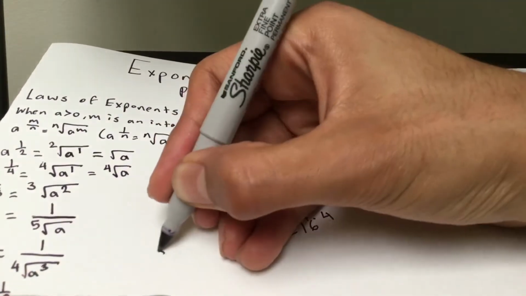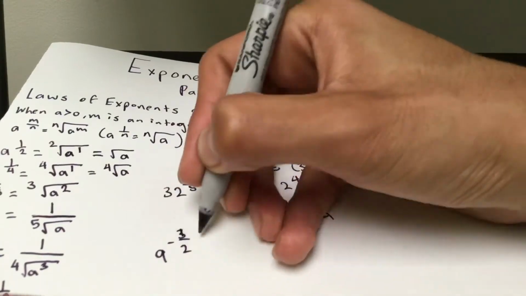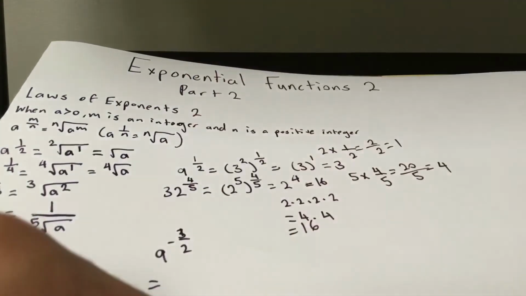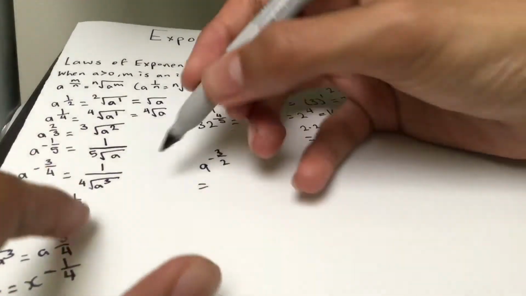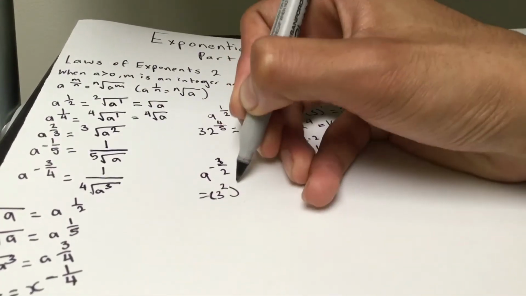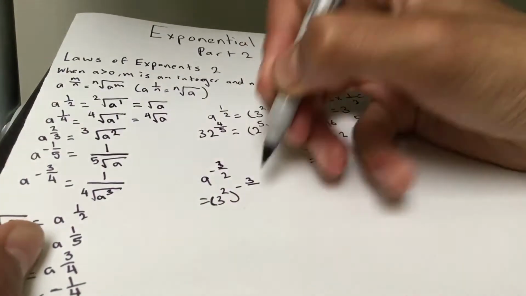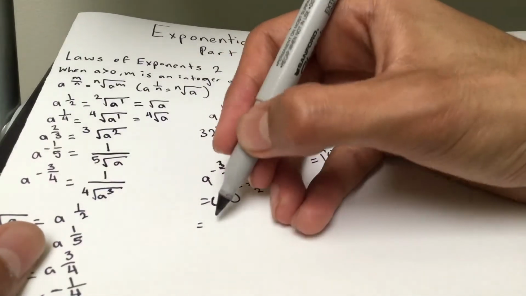So now let's do 9 to the power of minus 3 over 2. First of all, 9 can be written as 3 squared, and we leave our exponent as minus 3 over 2. The next step is to multiply.